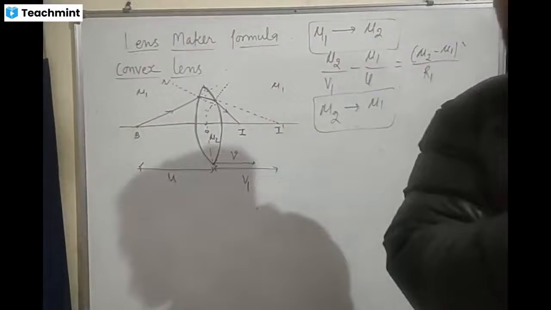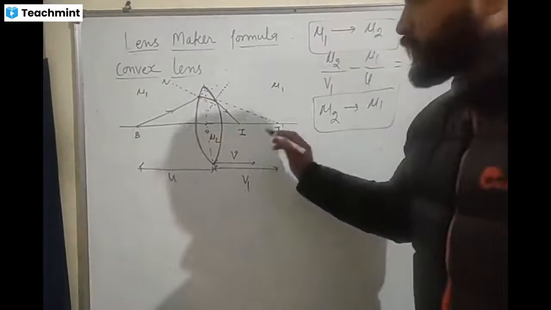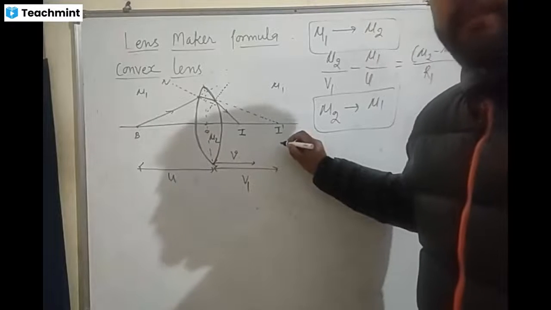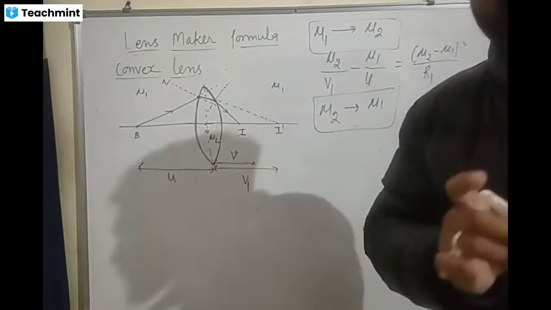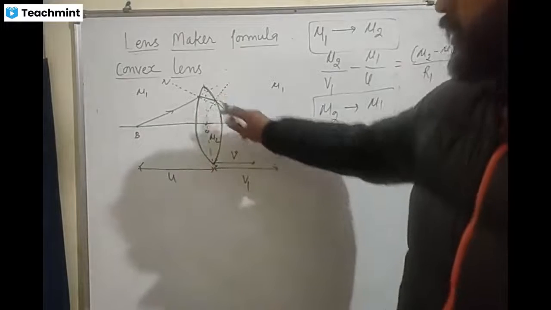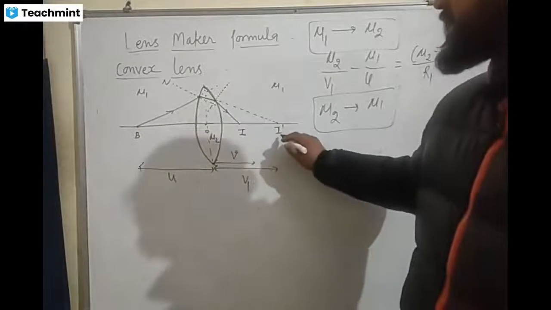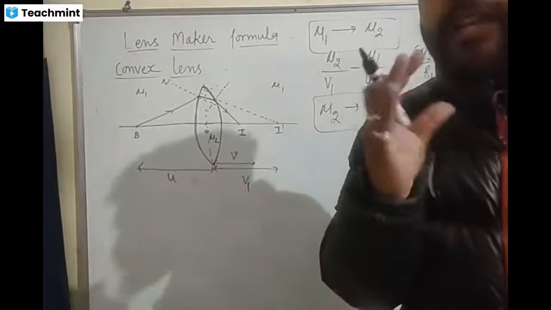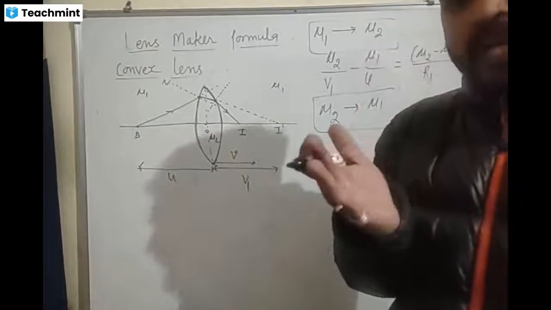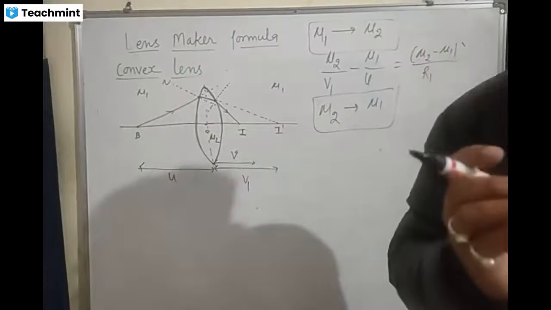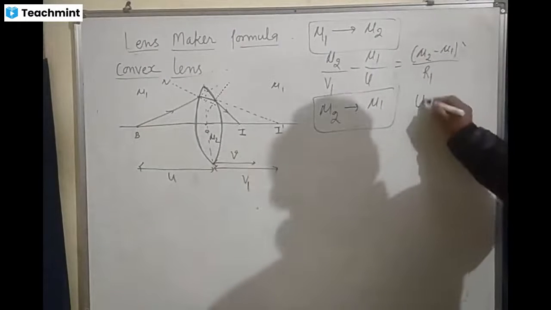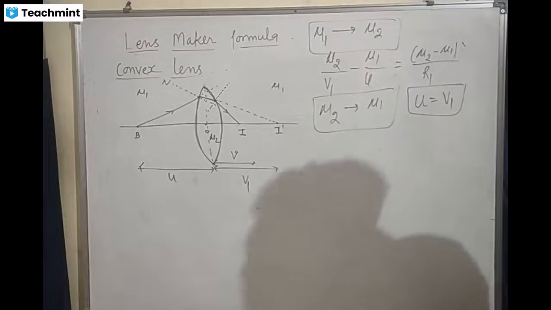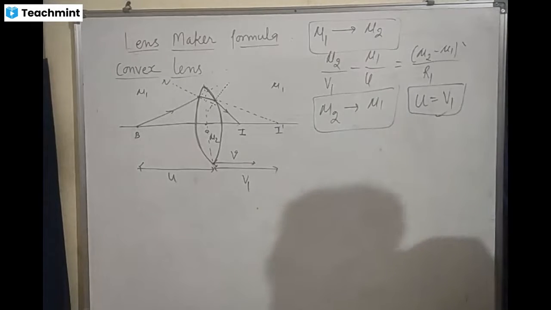Now one very important thing: for the second surface, this image distance will behave as the object distance, because for this surface, this distance will act as the object. It may be a virtual object, not a real object, but it will behave as a virtual object. So in this case, V1 will play the role of object distance. So we can replace this U with V1.